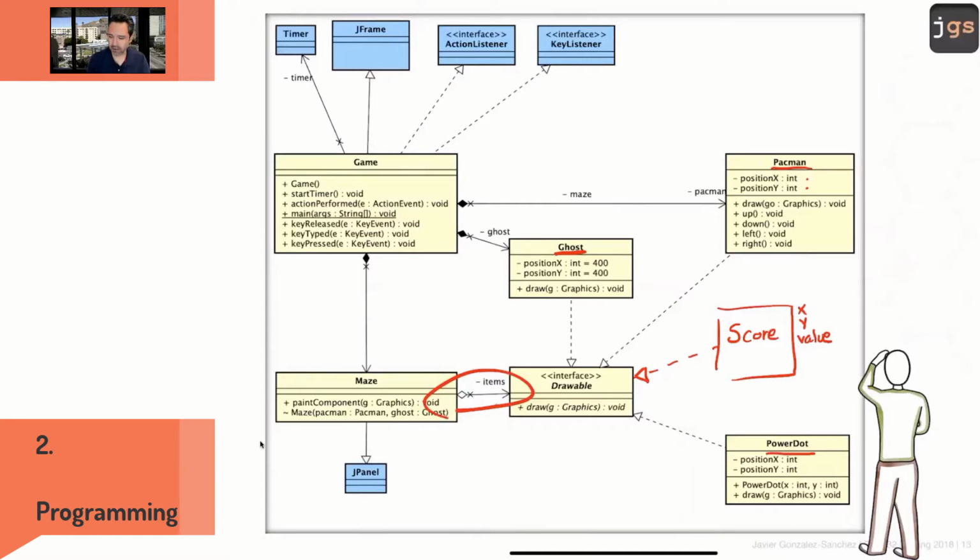And still, we have this connection of the maze with the game. Just by adding the new class and connecting it with Drawable, I do not need to do any other thing in the structure. Obviously, the score needs to be updated. That is a different story. But regarding the classes and the methods and the connection with the things that I have before, only this, and I am in. I have a new element.